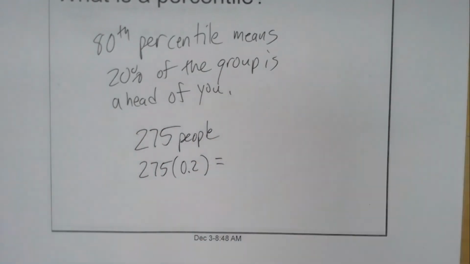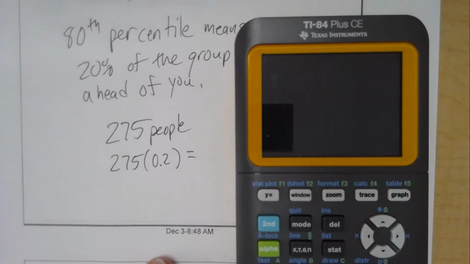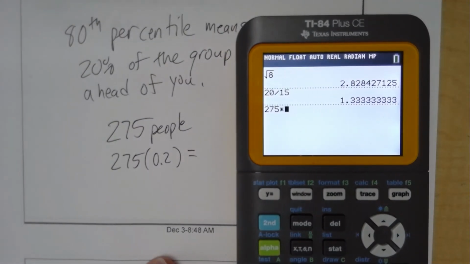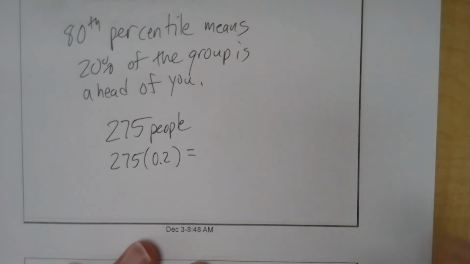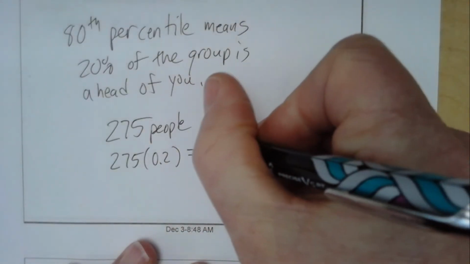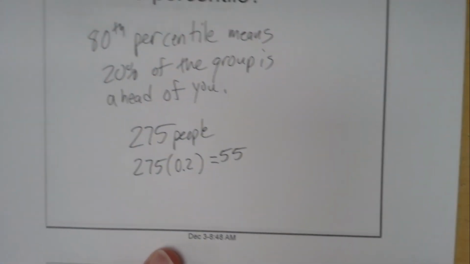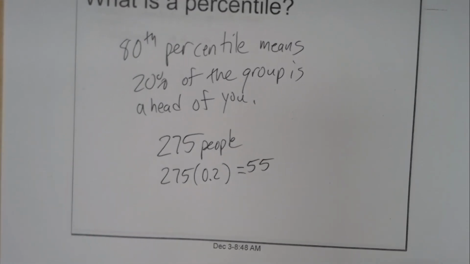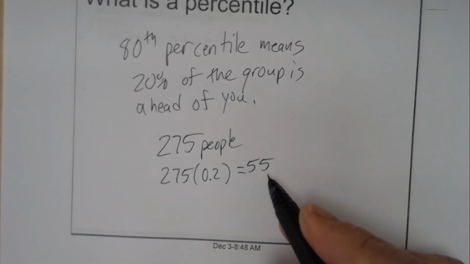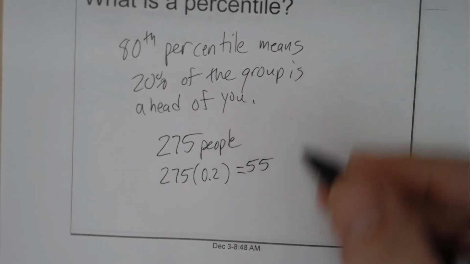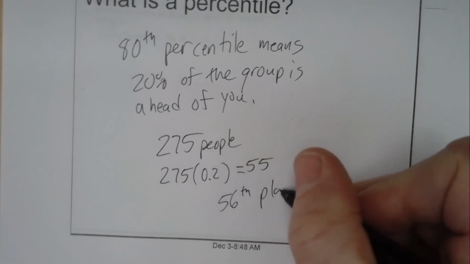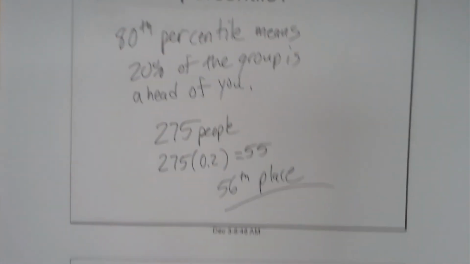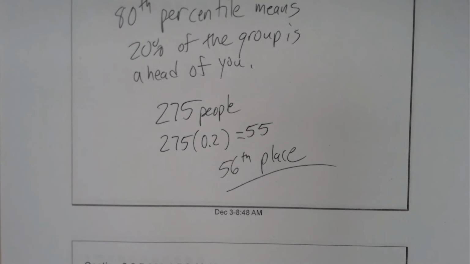So we type that into the calculator. 275 times 0.2 is equal to 55. So there's 55 people ahead of you. Where are you? Well, if you count down from 1 to 55, you'd be in 56th place. So that's the meaning of a percentile.